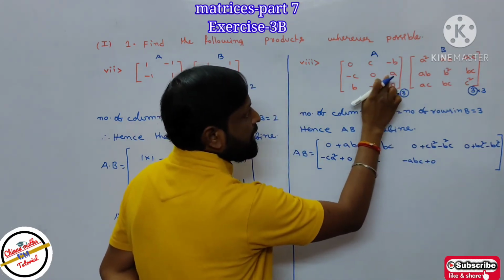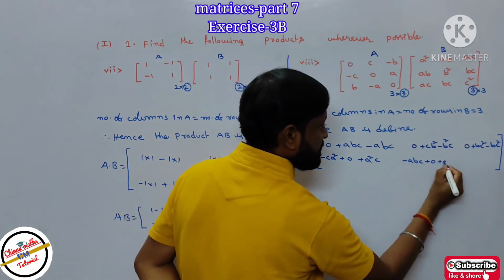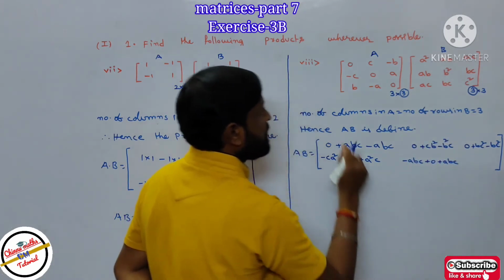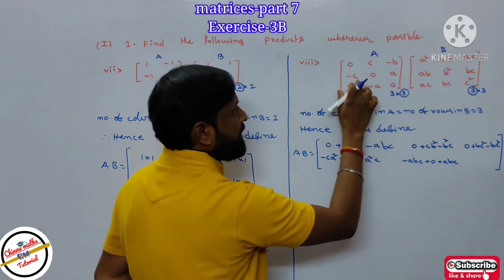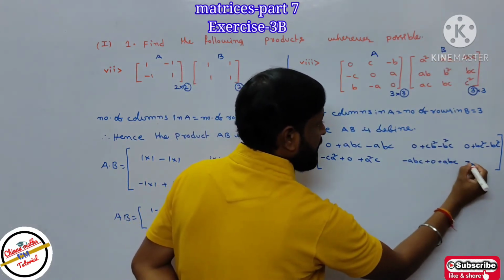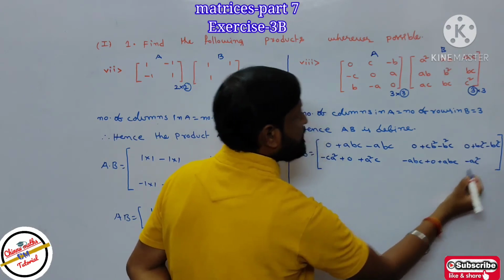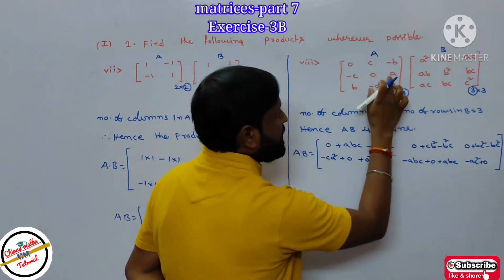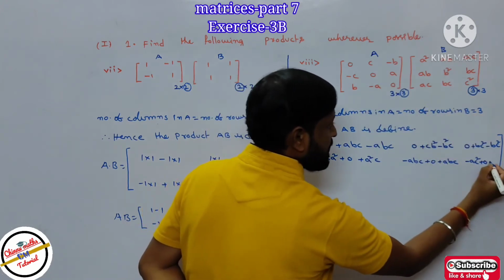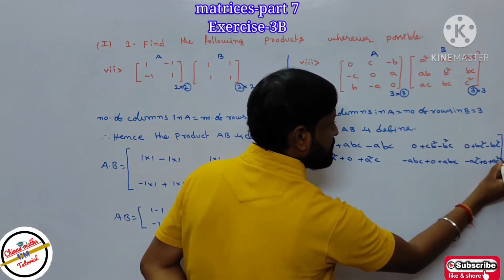Next A into BC, plus ABC. Next second row and last column, minus C into AC, minus AC square. Next 0 into something is 0, and A into C square, AC square, plus A into C square.